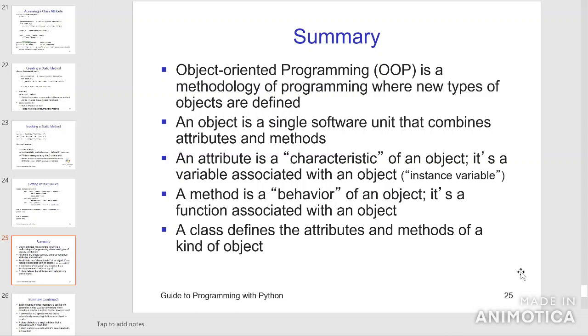An attribute is a characteristic of an object, that is, some values. A method is a behavior of an object. It's a function. A class defines the attributes and methods of a kind of object. I used a human being as the example for the definition of a class.